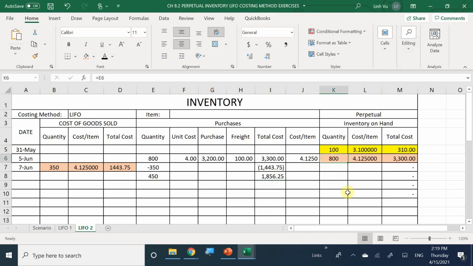Since I no longer have 800 items, I should have 450, which does indeed calculate to 1856.25. If you find it much easier to calculate on the right side and then bring it back to the middle portion, you can do that as well. It's just an extra step if you'd like to do that first. As long as you get to the right answer, it doesn't matter how you get there.